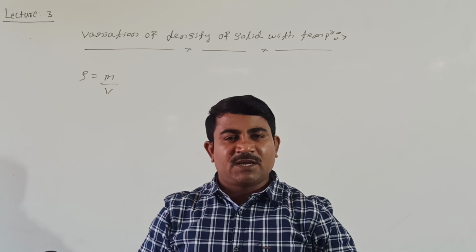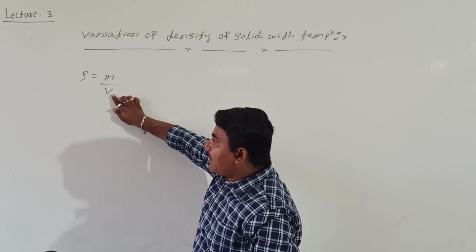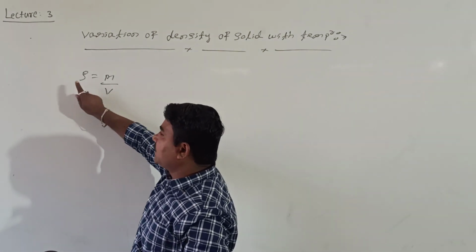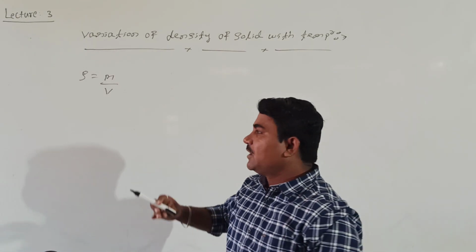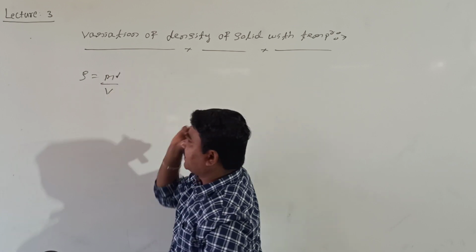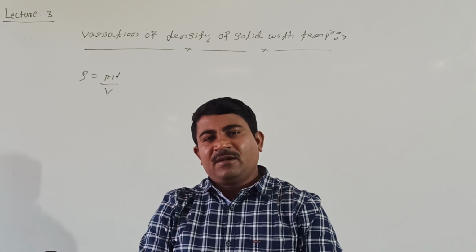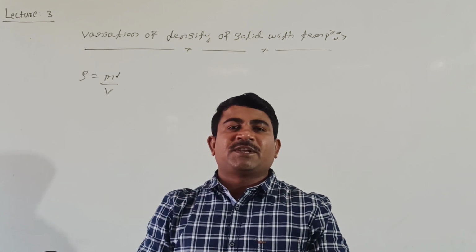What about density here? When heat is provided, temperature increases, volume expands. Whenever volume increases, density must decrease. But the mass of the solid remains the same due to increase in temperature. This quantity remains the same. Now we will discuss in detail how much density changes as temperature increases.